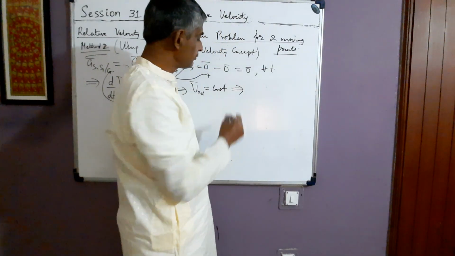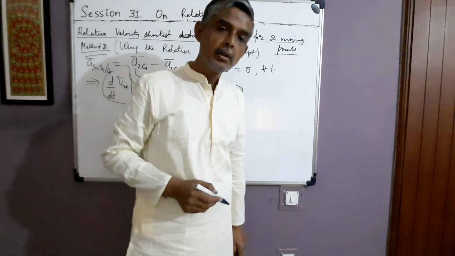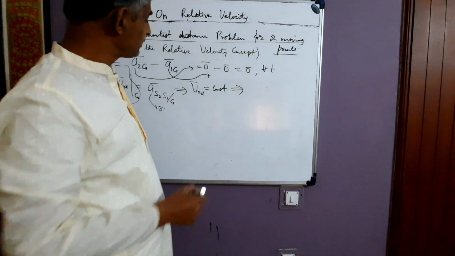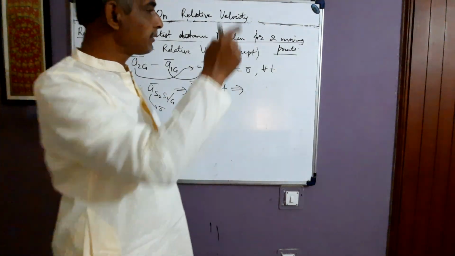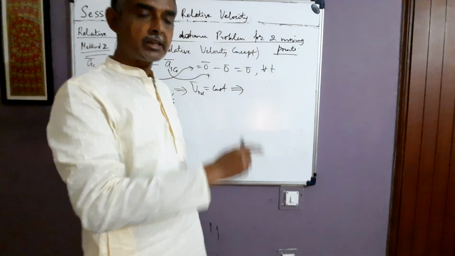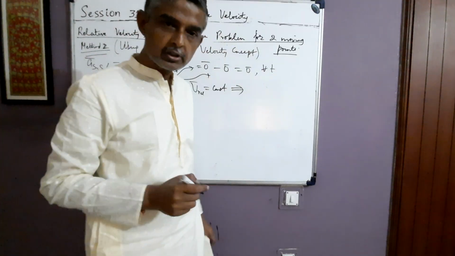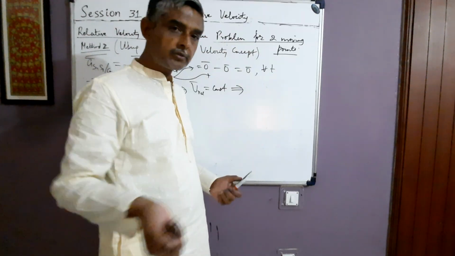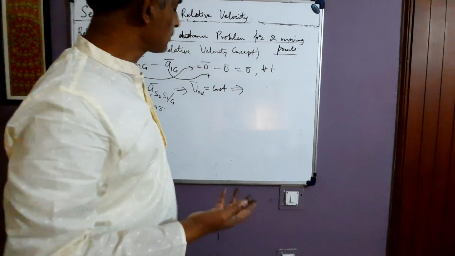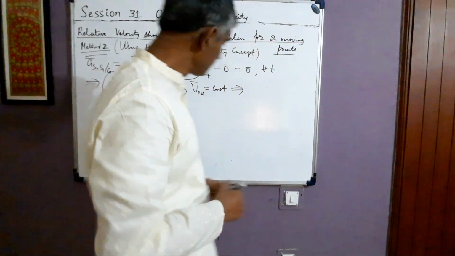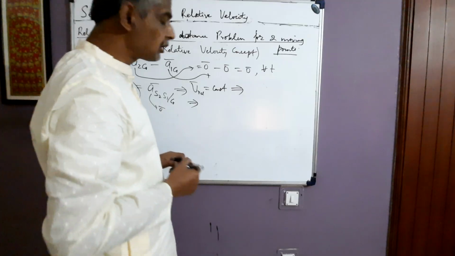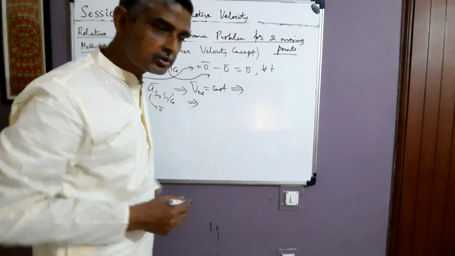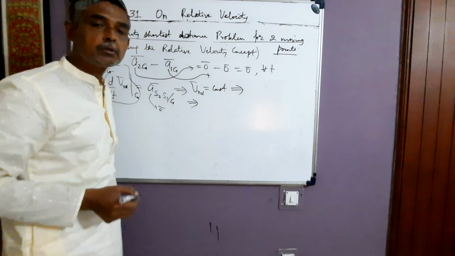This means that if you observe S2 from S1, then S1 will observe that S2 is moving along a straight line at a constant velocity. Or if you observe S1 from S2, then S2 will observe that S1 is moving along a straight line with constant velocity. So we can take either of them. Suppose we solve the problem as seen from S1. So we are solving it in the frame of S1.